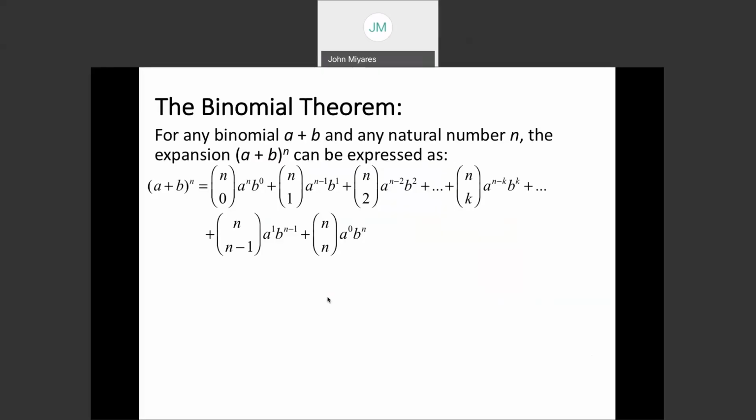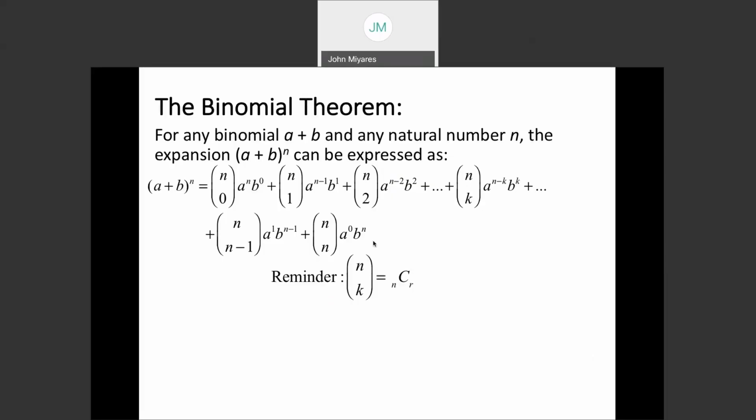You can see within each term the powers of a start at the highest possible power, a to the nth power, and work their way down slowly, n minus 1, n minus 2, all the way down to a to the 1st and a to the 0. The powers of b start at 0, and they are going to work their way up, b to the 1st, b to the 2nd, and so on until we get all the way to b to the n.